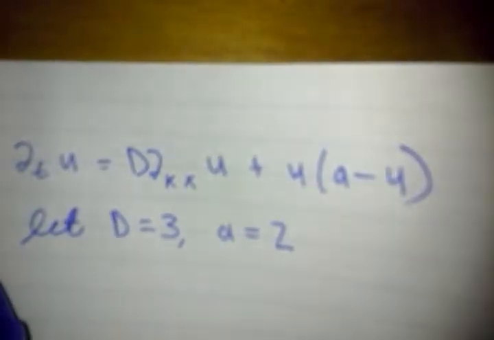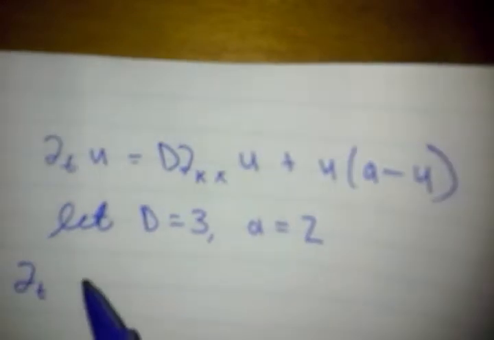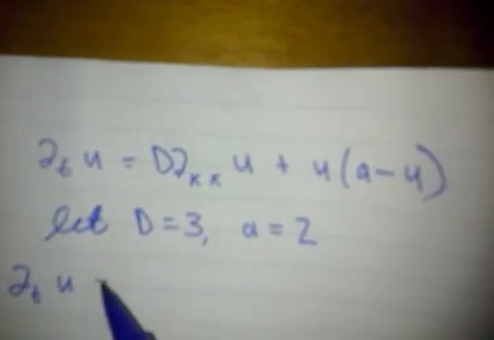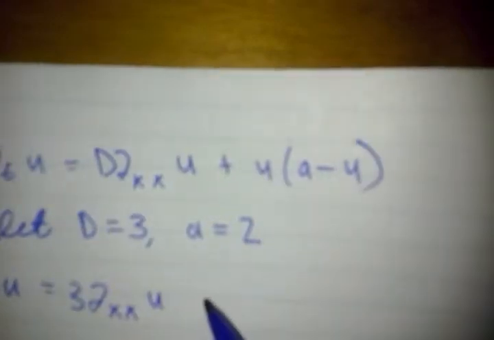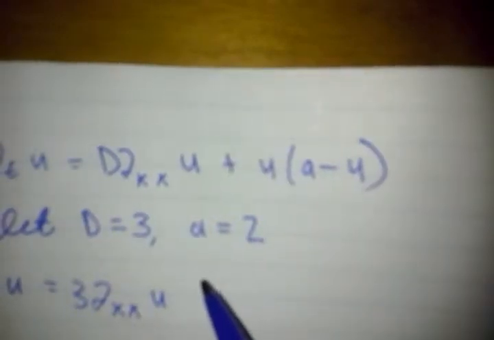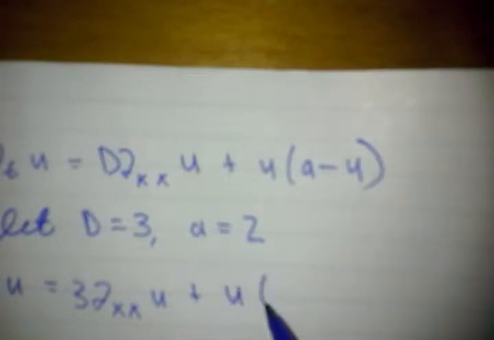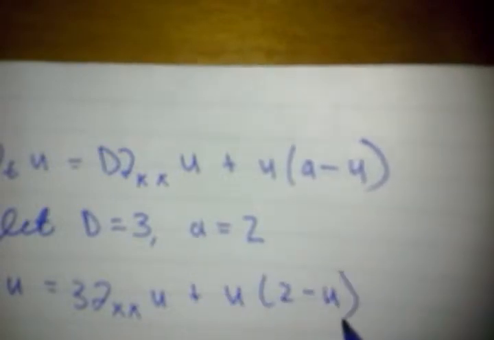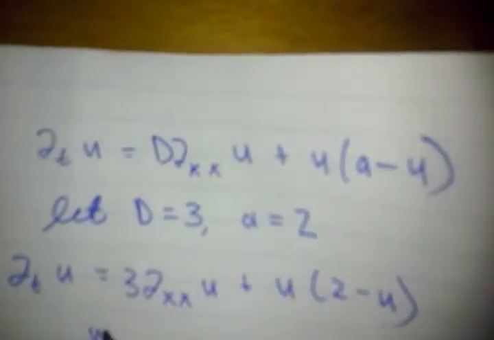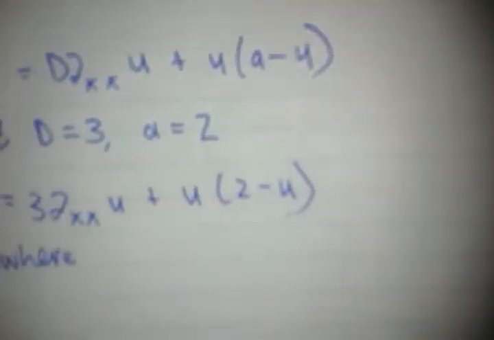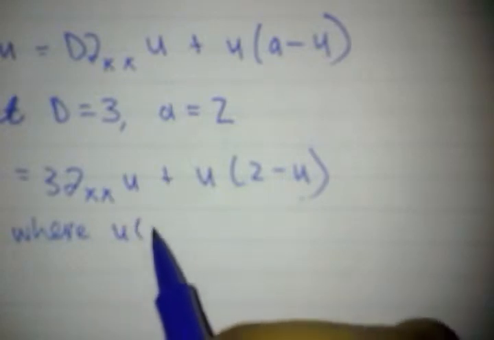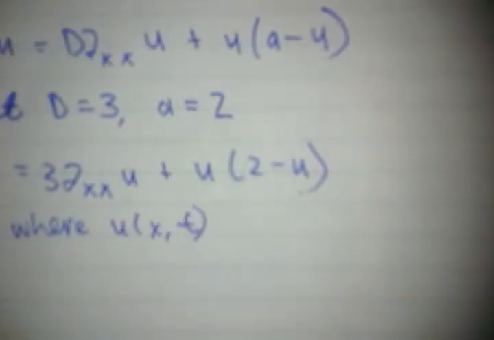If we write it out again, we have du/dt is equal to 3 times the second derivative with respect to x of u, plus u times (2 minus u), where, as you might have guessed, u is a function of both x and t.